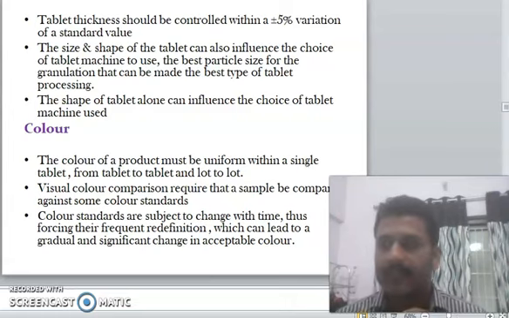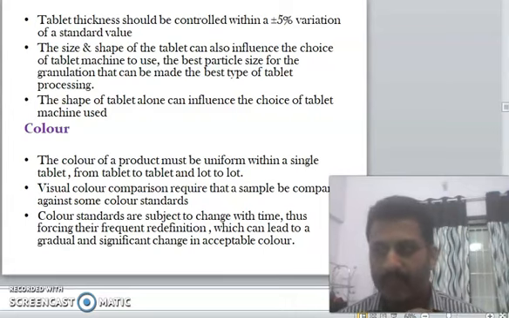The diameter and the thickness can be measured using a screw gauge, which you may have heard of, or we can use vernier calipers or slide calipers. Slide calipers or a screw gauge can be used to measure the thickness of the tablet. The thickness should be uniform, and it should not be greater or less than 5% of the standard value.